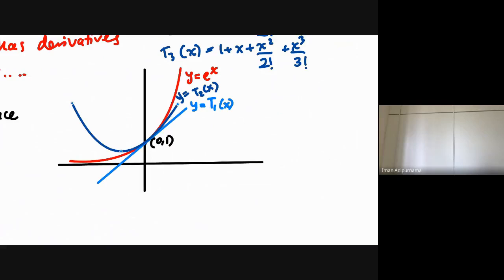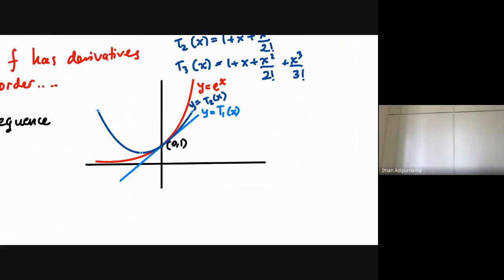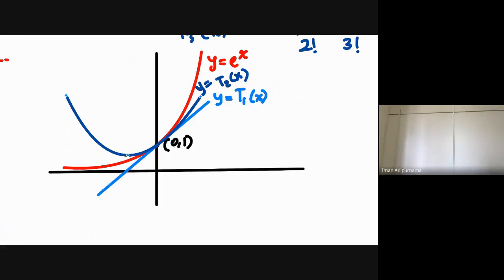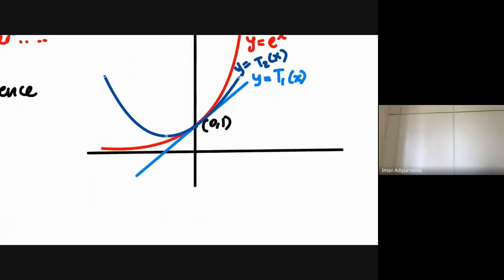Maybe it's more like that. Now the last one. The last one is quite difficult to draw.